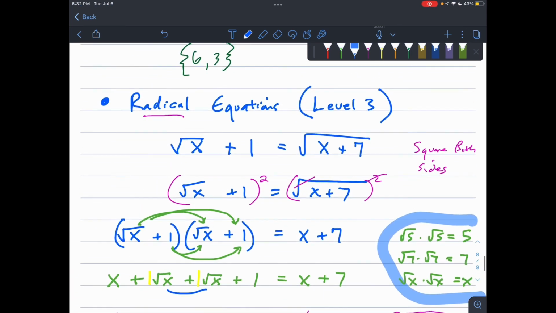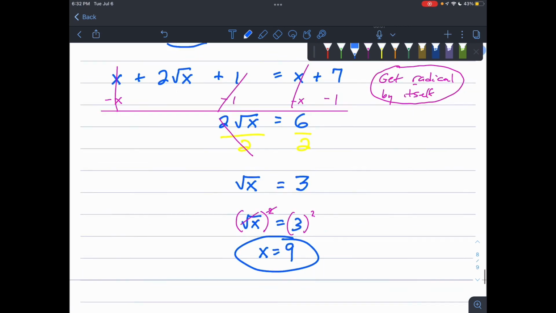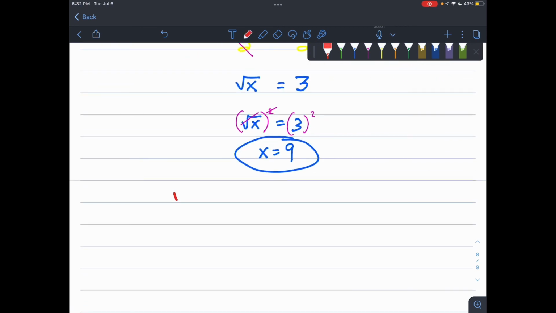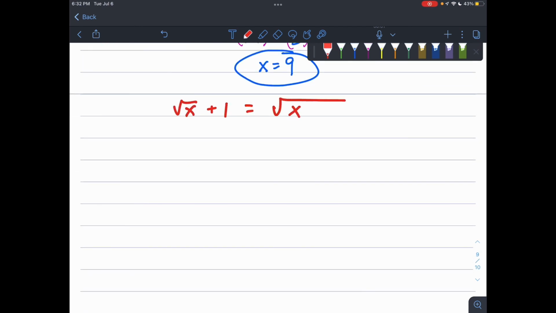And just like the others, we'll want to go back and plug that in. Square root of x plus 1 equals the square root of x plus 7. x is 9, so we're saying the square root of 9 plus 1 equals the square root of 9 plus 7.